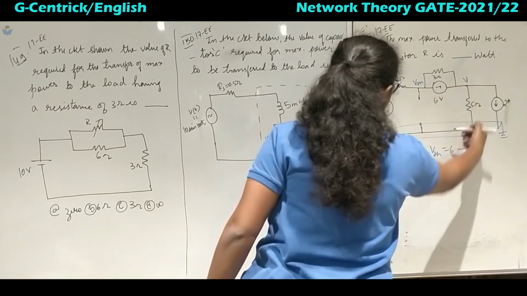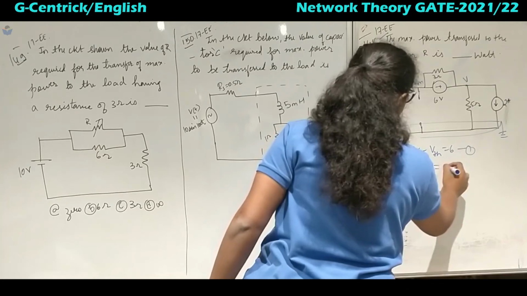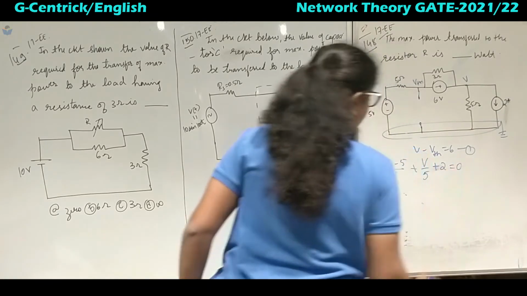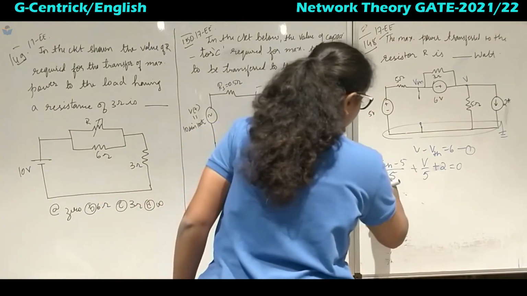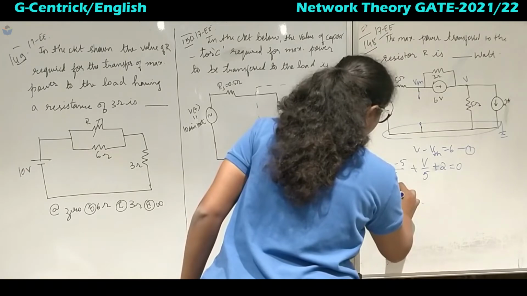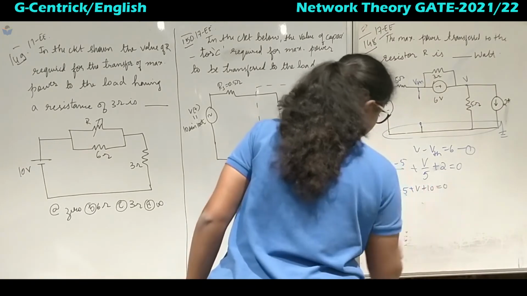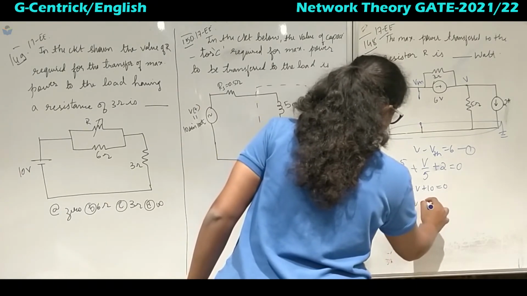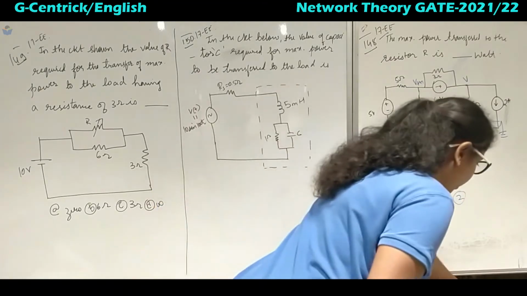Then we have plus V by 5, and it's also an outgoing current, so we will take it on the LHS itself. There are no other nodes. Now the LCM is 5: VTH minus 5 plus V plus 10 will be equal to 0, right? So VTH plus V will be equal to minus 5. This is our equation number 2.